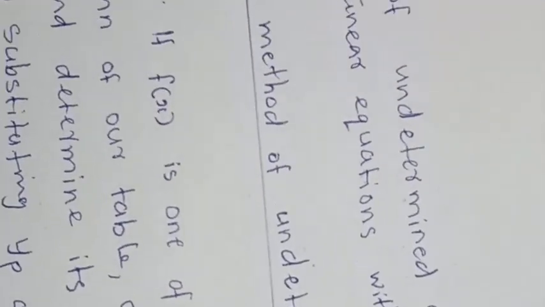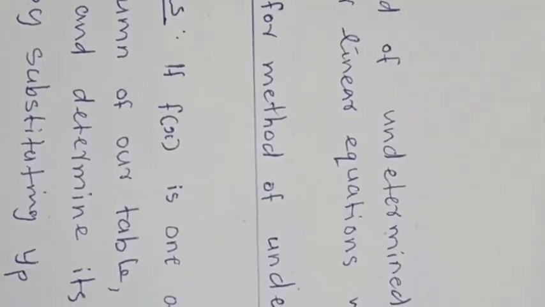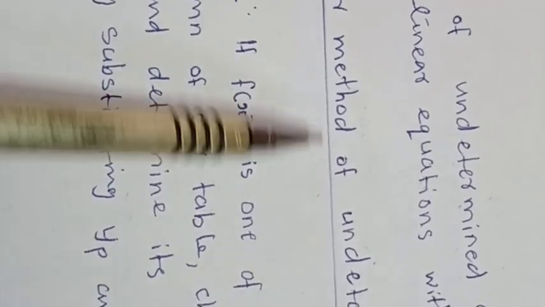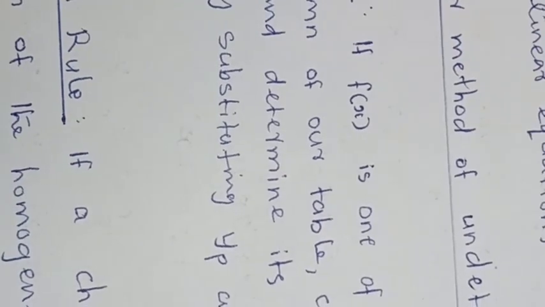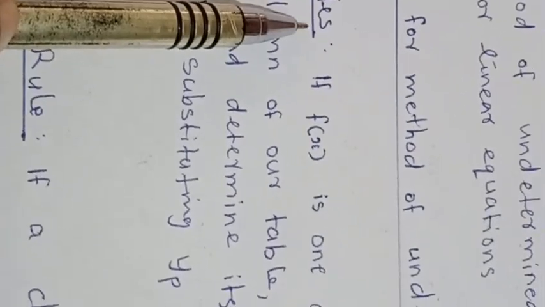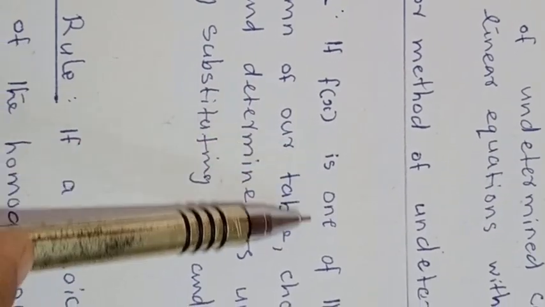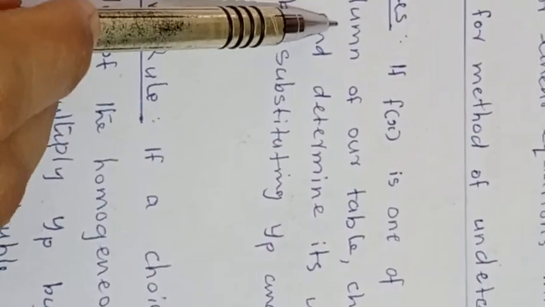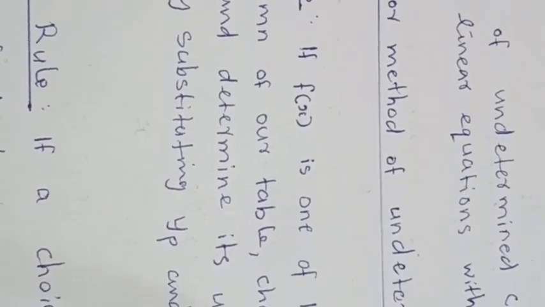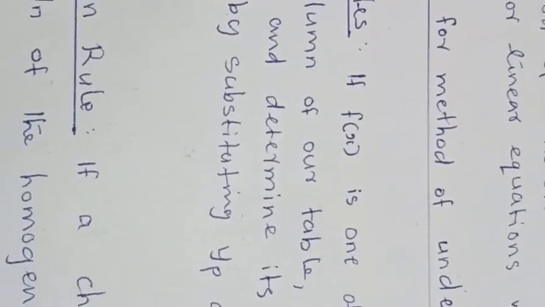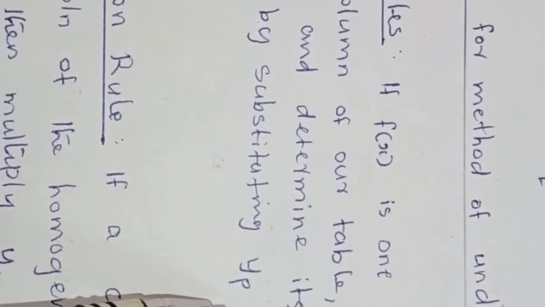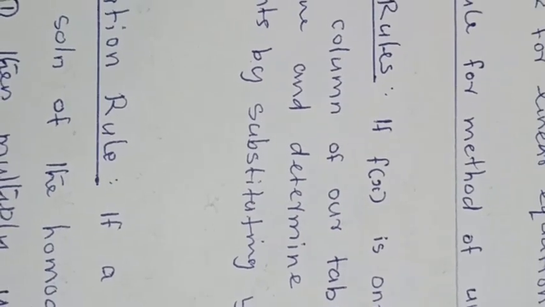Now for selecting yp, there is a choice rule for the method of undetermined coefficients. We can't select any f of x from the table. There is a rule called the choice rule. See the basic rule. The first rule is called the basic rule. The basic rule says that if f of x is one of the functions in the first column of our table, then choose yp in the same line and determine its undetermined coefficients by substituting yp and its derivatives in the ODE.